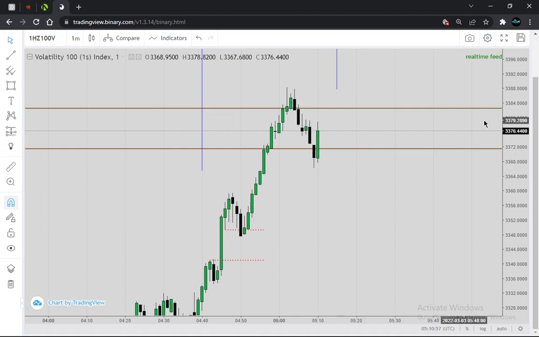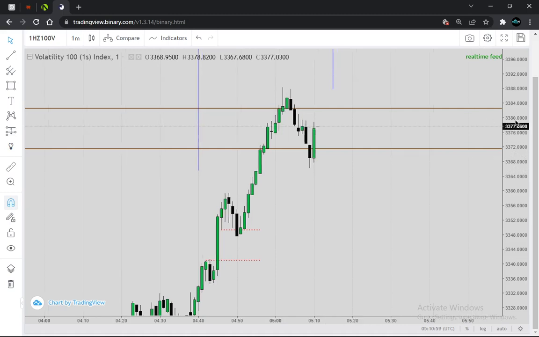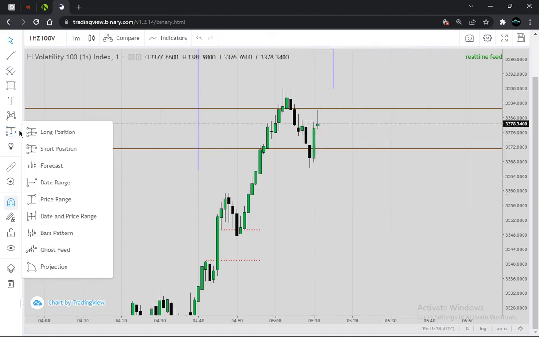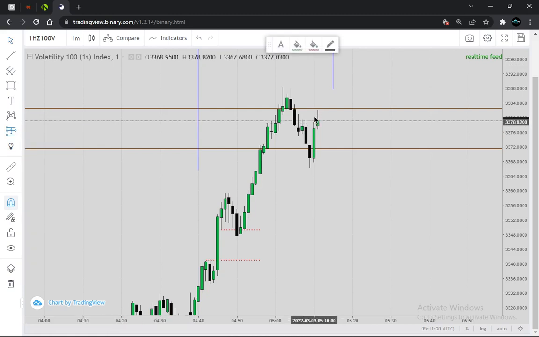So I can have a possible sell around 3380 and my stop just being there. And a short position right there.